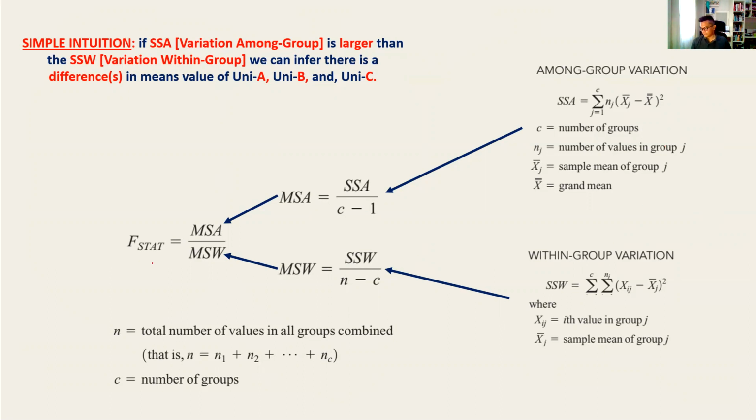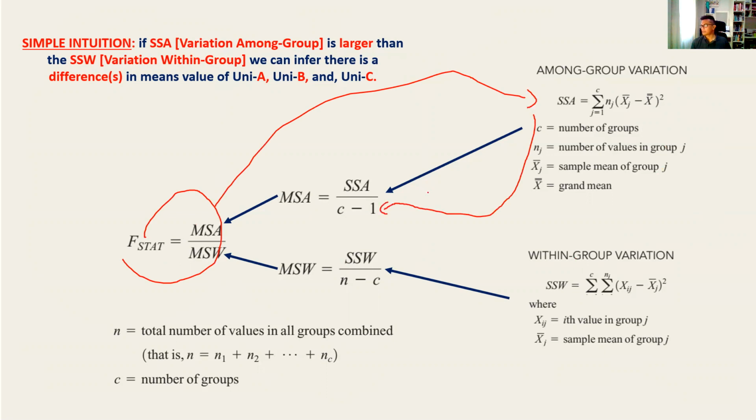If you see the formula here, the F-stat is basically the ratio between the among group variation and the within group variation. But here we have to divide each of the variation values by its degrees of freedom.